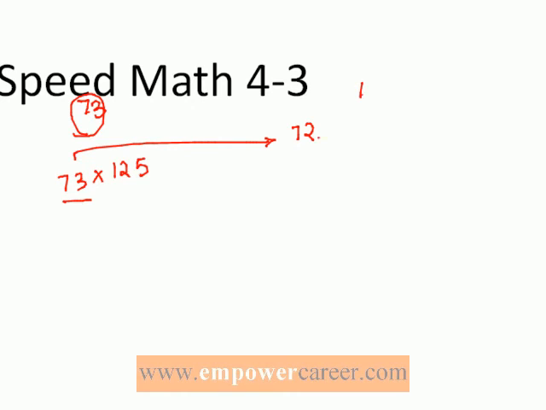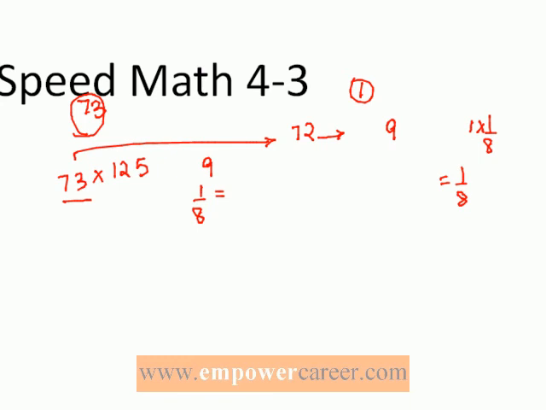Now 72 and 1/8 of 72. That's easy. That's 9. So I'll write a 9 over here. What was remaining? 1. 1 times what? Well, I could say 1 times 1 by 8 is of course 1 by 8.